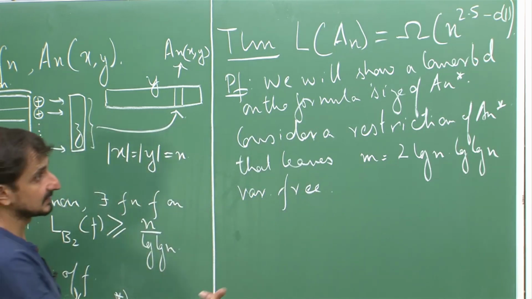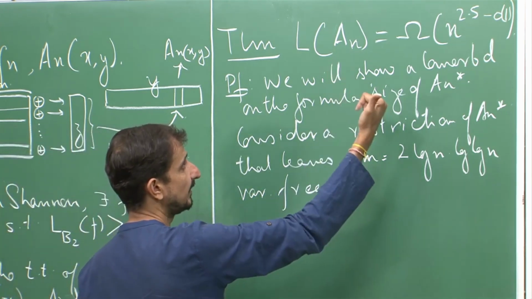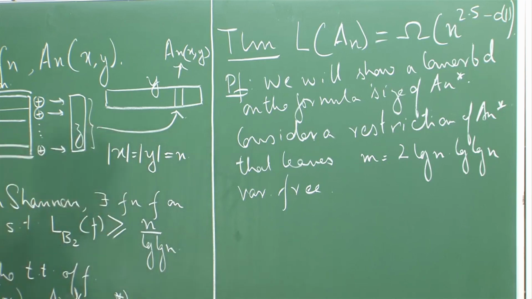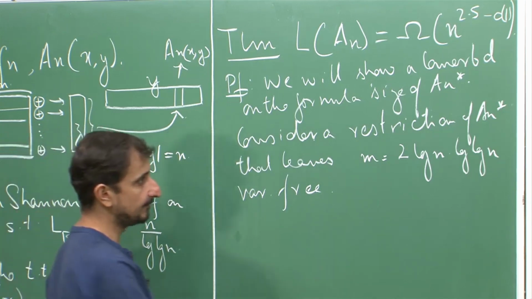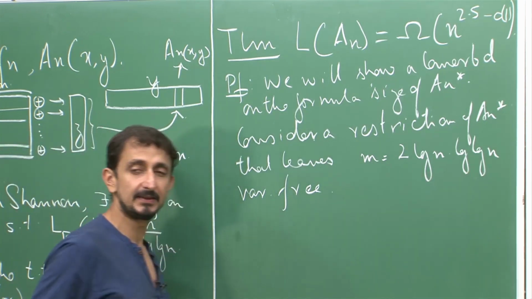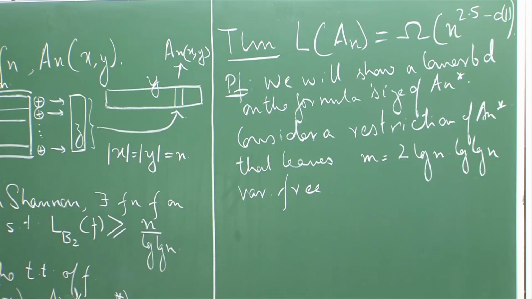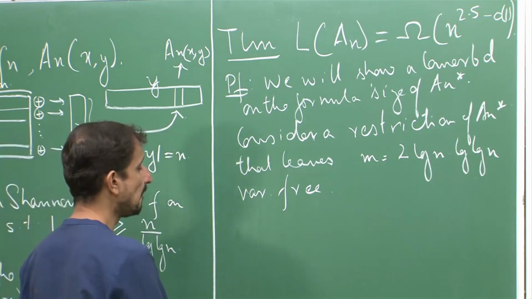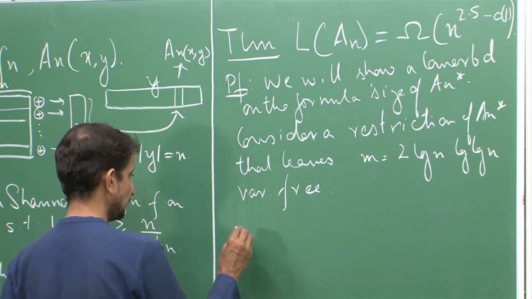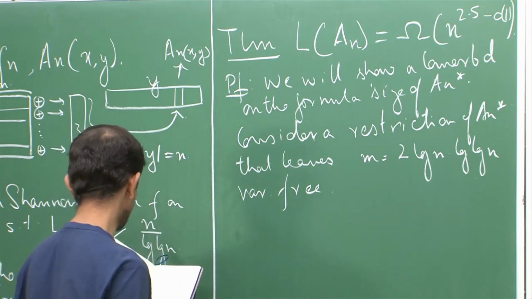A_n star has a total of n variables, and we are looking at a restriction that fixes everything but leaves just these many variables free. Now, let us try to analyze the probability.